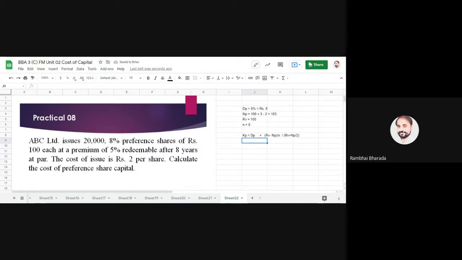Put the values. DP 8, RV 100 minus NP 103 upon N, number of years 8, bracket over, and entirely divided by RV 100 plus 103 upon 2.